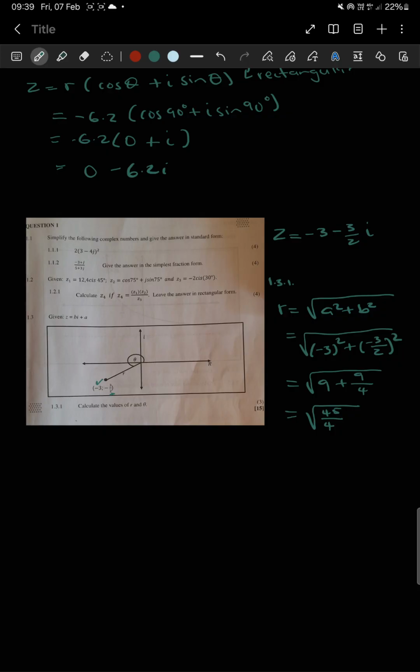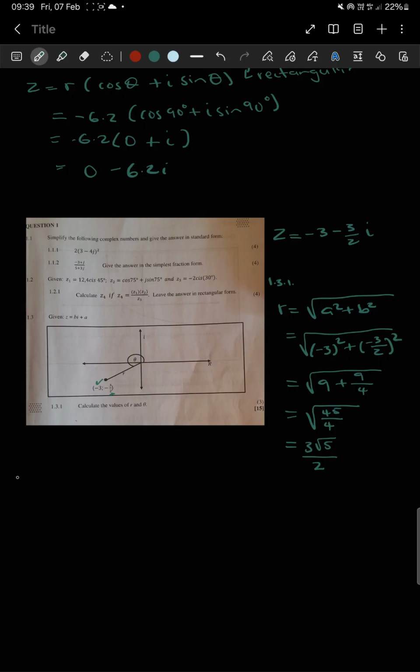Simplifying surds, on top, the square root of 45. I'm not going to go into detail how we do it. The square root of 45 is 3 root 5. I'm sure you are aware of how to simplify surds. Then the square root of 4 is 2.